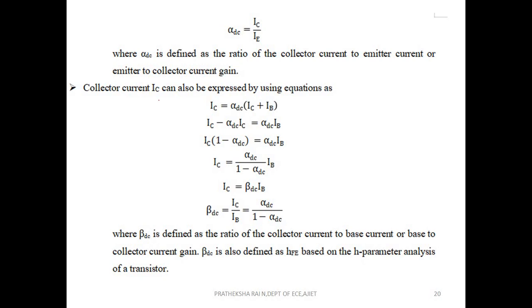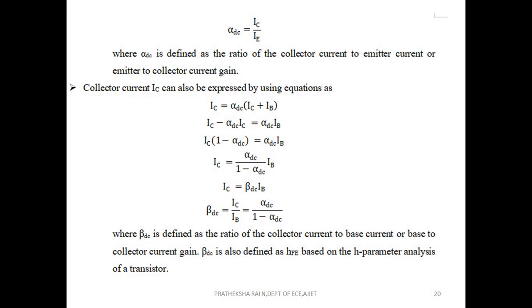Collector current IC can also be expressed using the equation IC is equal to alpha DC into IE. We know that IE is nothing but IC plus IB.